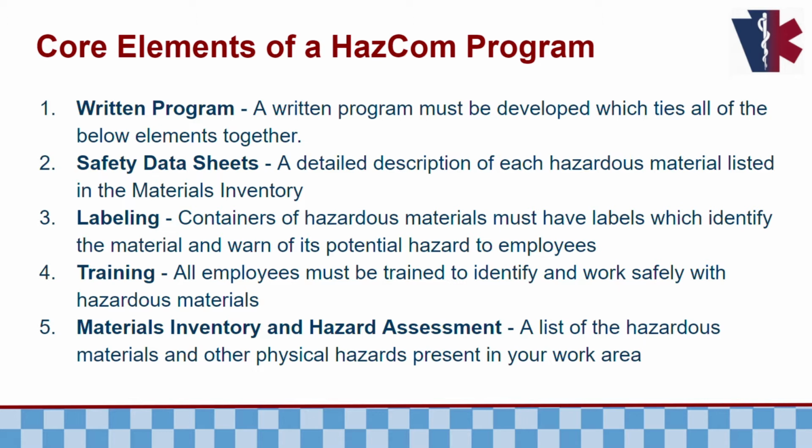Labeling requirements used to identify materials in temporary containers. Training, a program developed to train all employees to work safely with hazardous materials. And the material inventory and hazardous assessment, a list of hazardous materials and other physical hazards present in the work area.